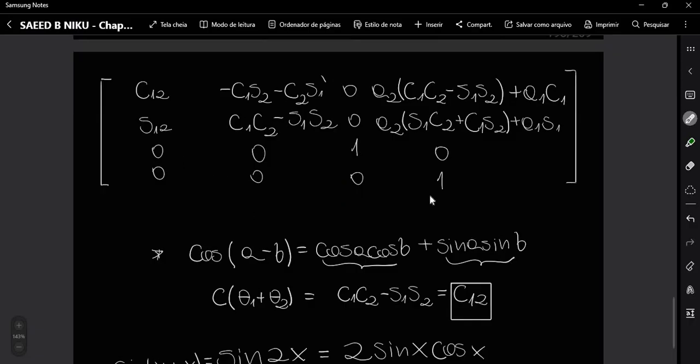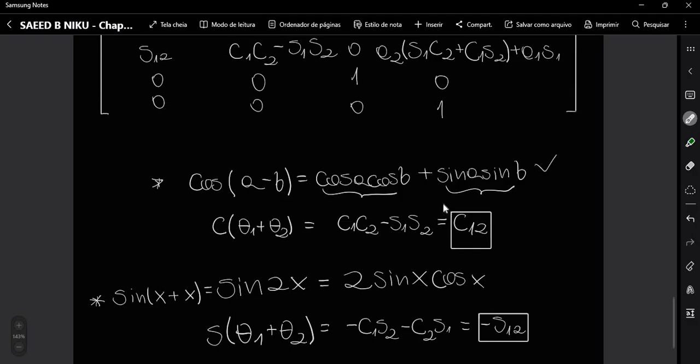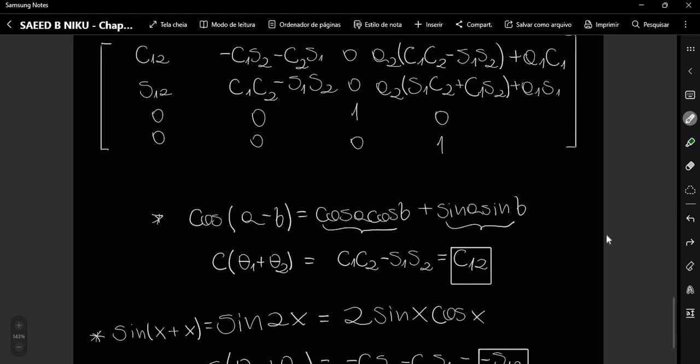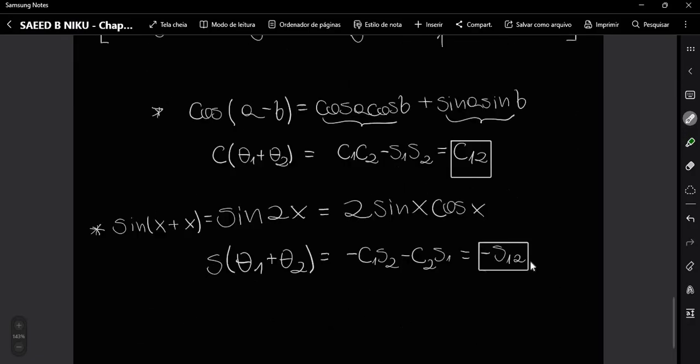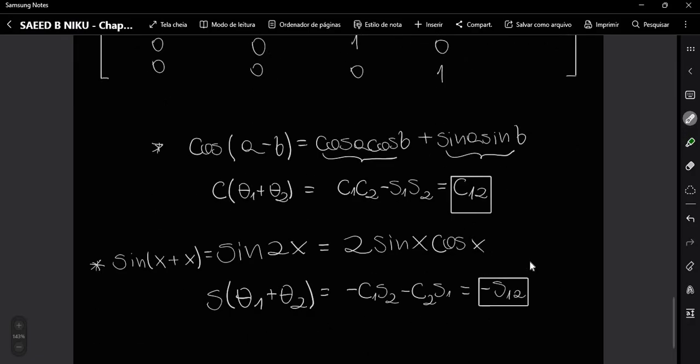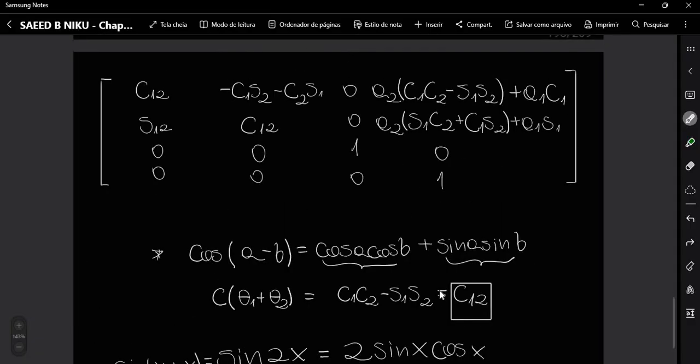And again, you can notice the similarity of this element with these properties. For example, right here it is the same, so again C12, and this trigonometric property is the same.